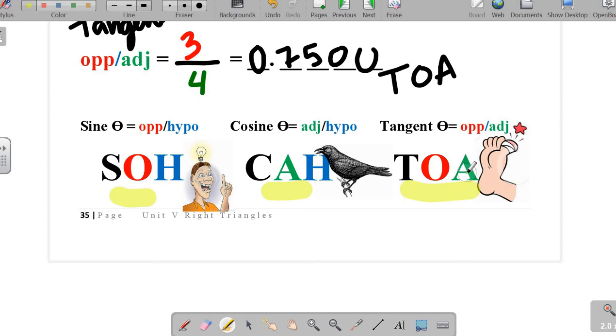Then imagine someone stepping on your toe and you're in pain. TOA! So it goes like this to help you remember. SOH CAH TOA! Now that you're laughing hysterically, I'd like you to try it again. SOH CAH TOA!